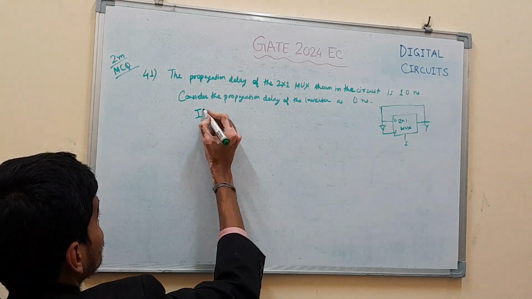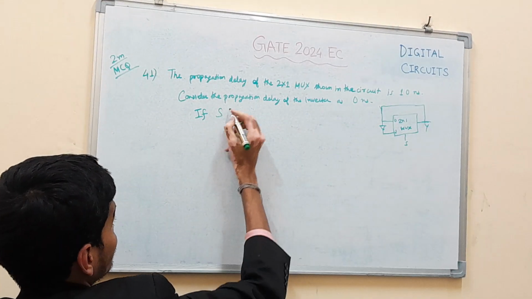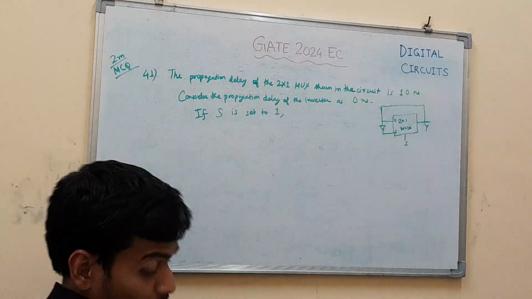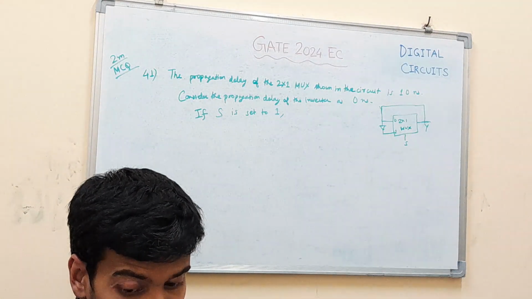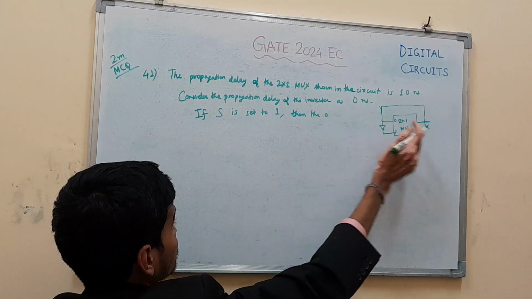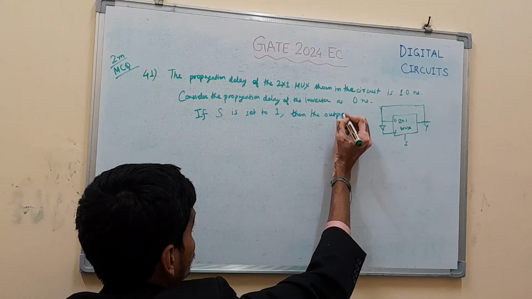If S, the select line, is set to 1, then choose one option: the output Y is.